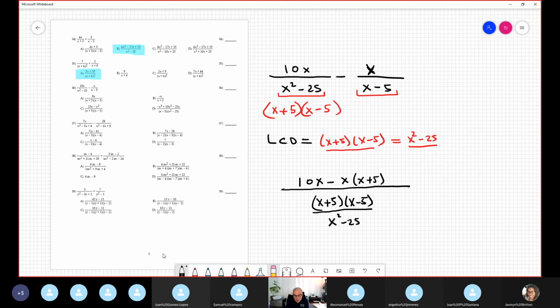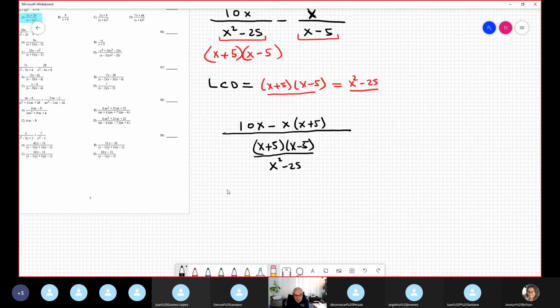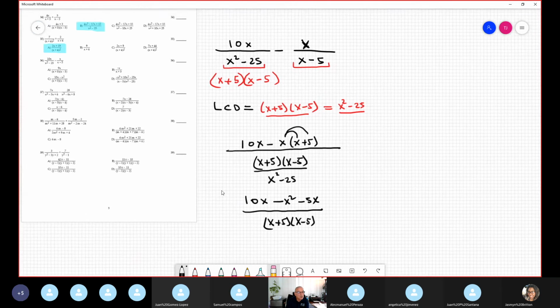Now, distribute and combine. You always end in this step. Entonces, 10x minus x squared minus 5x divided by x plus 5, x minus 5. I don't know, see, we need to do another simplification.